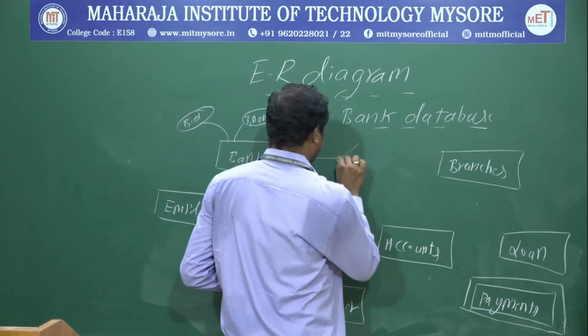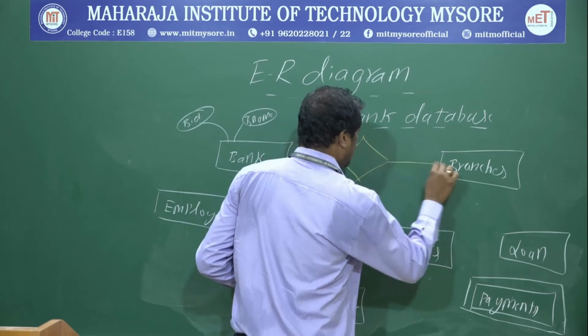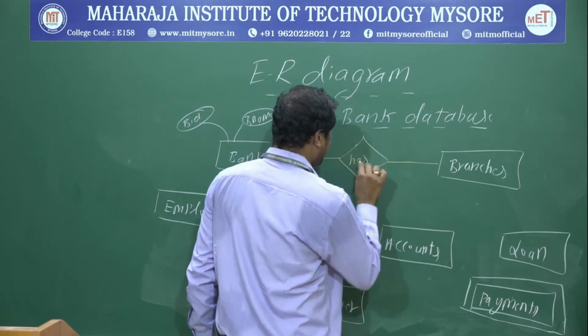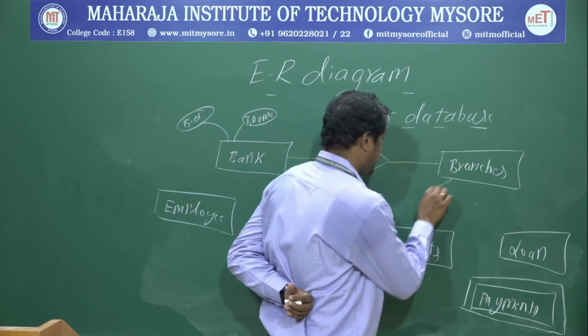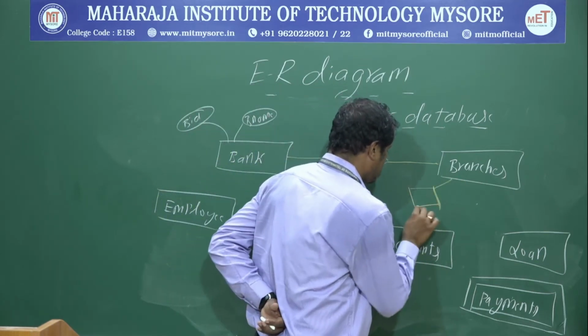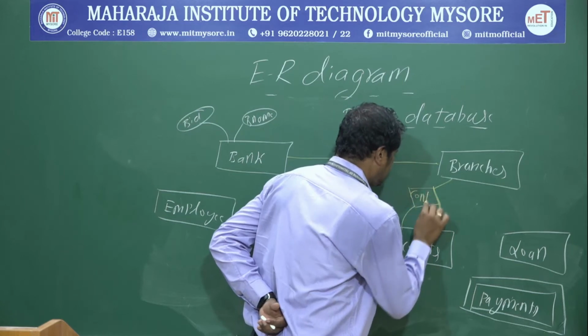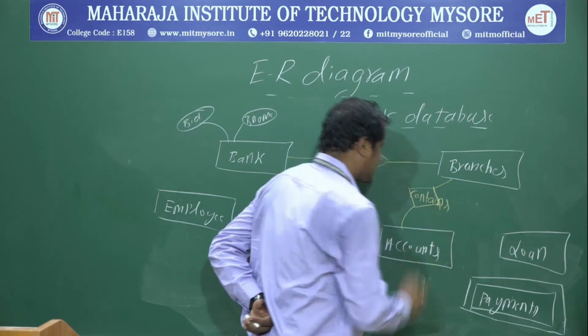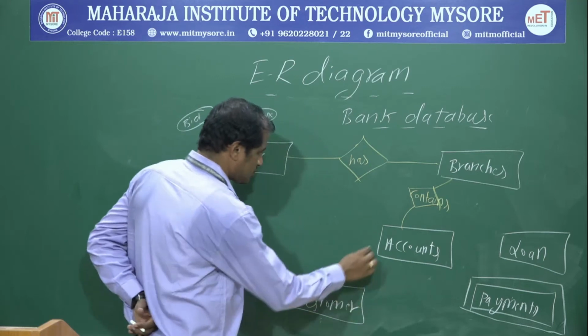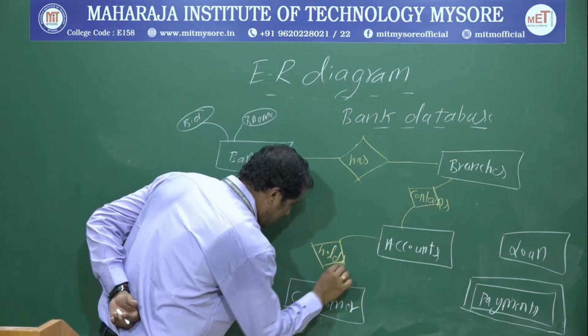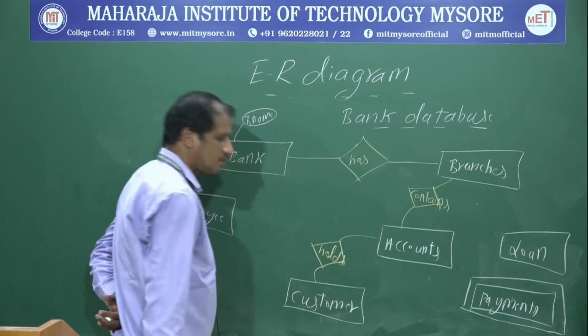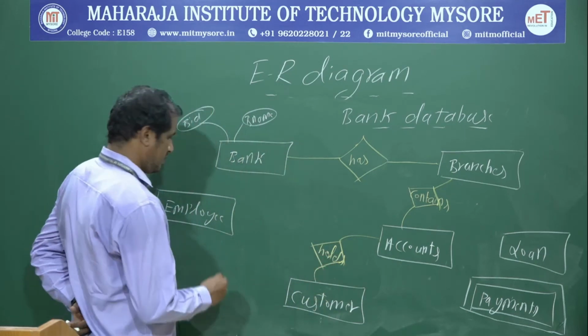Now I write the relationships. The bank has branches. Then branches contain accounts. Accounts are held by customers.